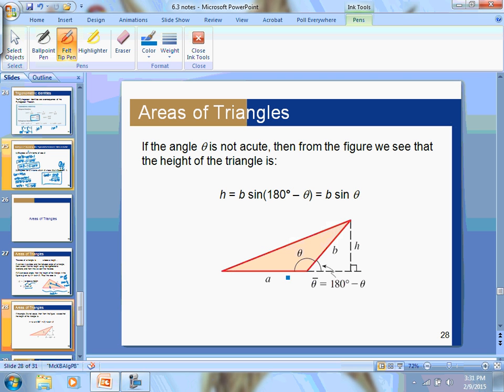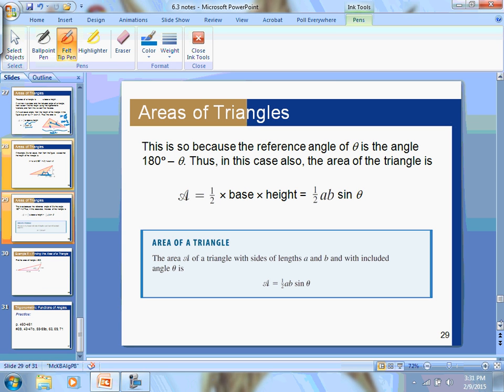And then this distance across the bottom here forms a straight line. So you take this internal angle subtracted from 180, and then you get this outside angle. And then you could still do opposite over hypotenuse for this angle. You could still do h over b. Okay?